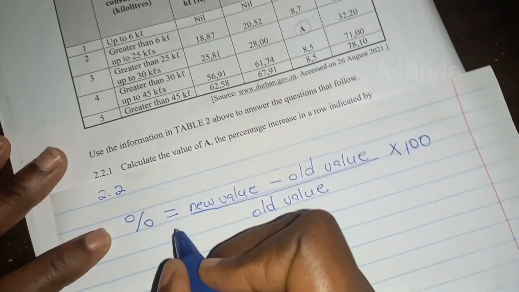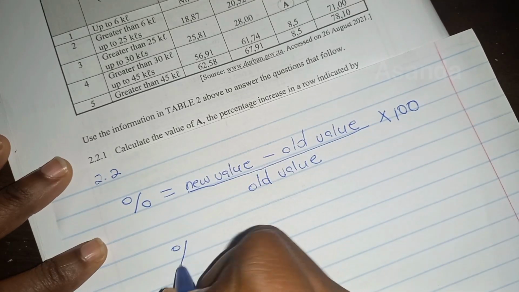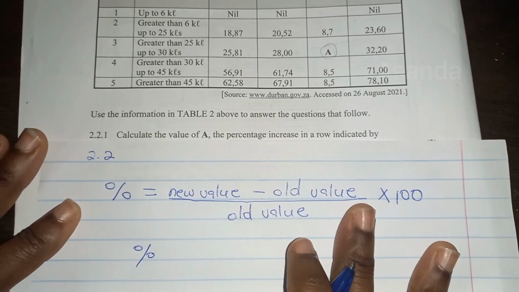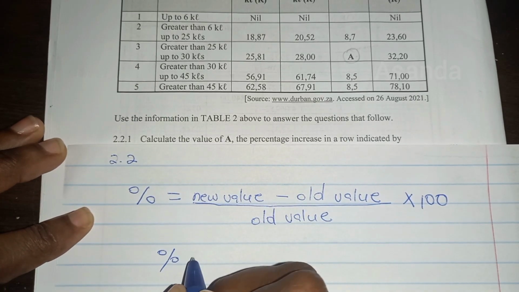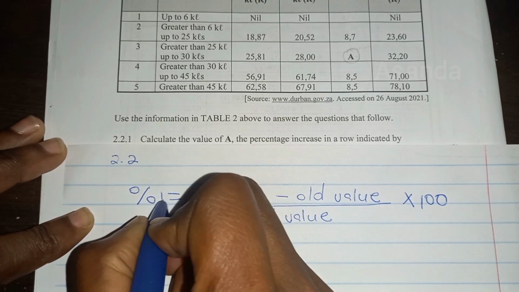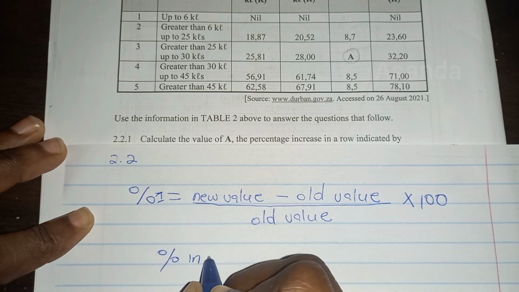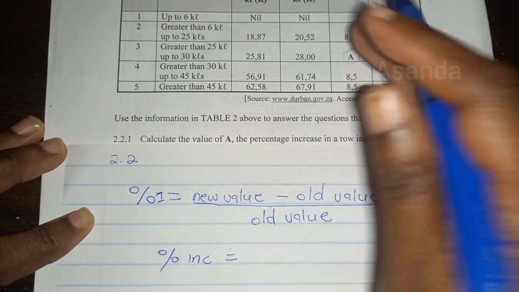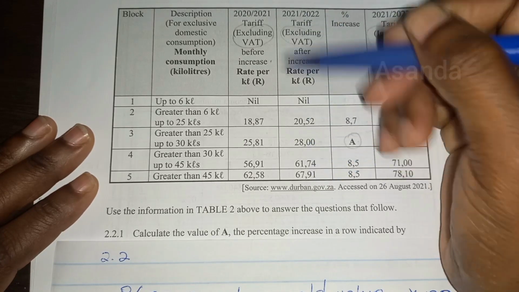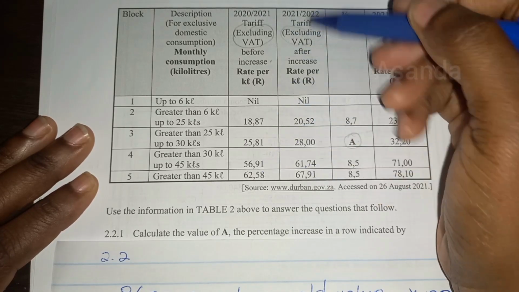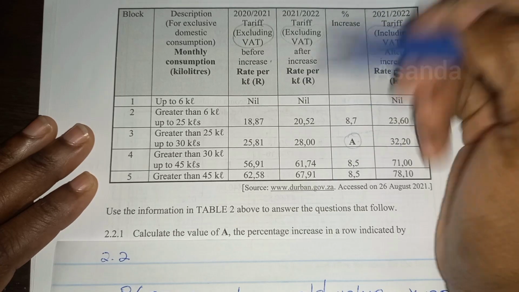The next step is we just substitute. Percentage increase is equal to, what is our new value? Remember, this is the year before, and this is the current year according to this question paper.